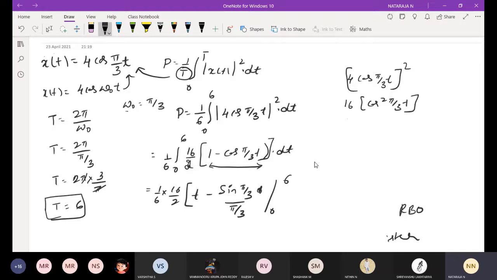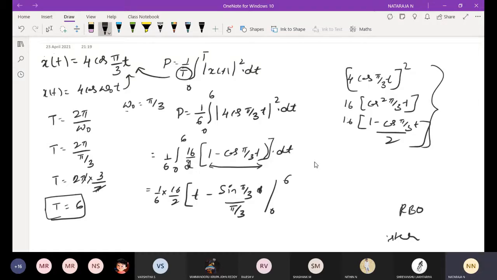Then again for this, 16 into 1 minus cos pi by 3t divided by 2. Like this we will get. I have taken directly 16 divided by 2 initially, and 1 minus cos pi by 3 into t. Am I right? I have skipped 2 steps. We have discussed these things already, that is why I have skipped. If you want, you can make a note of this also.